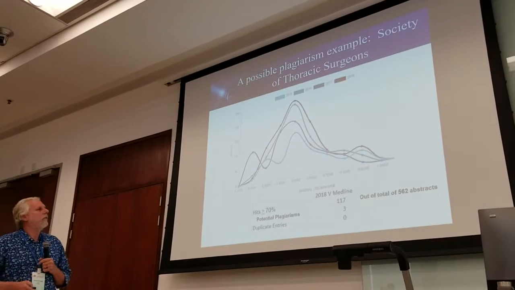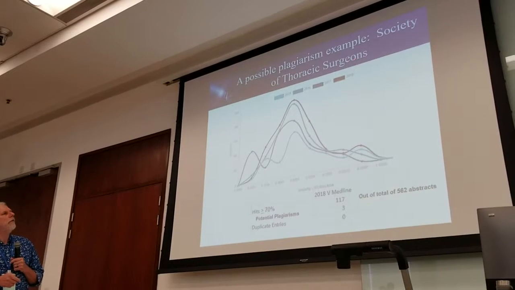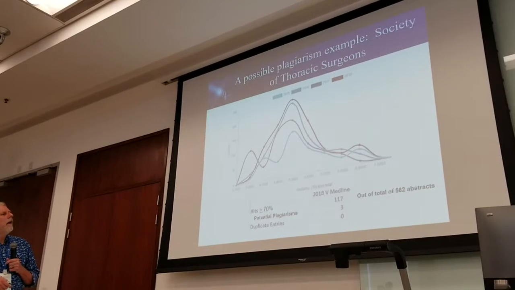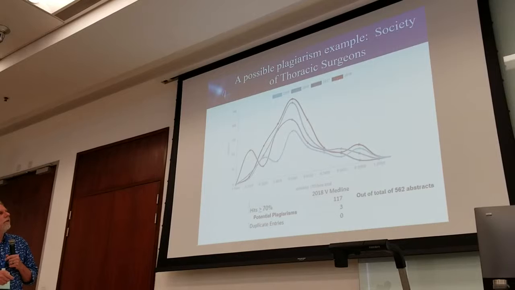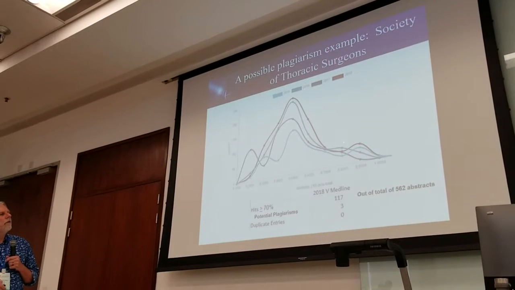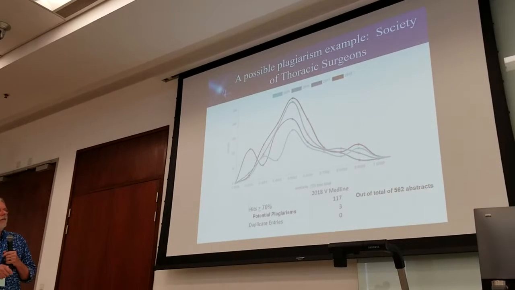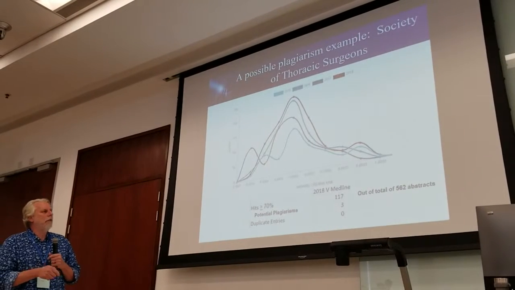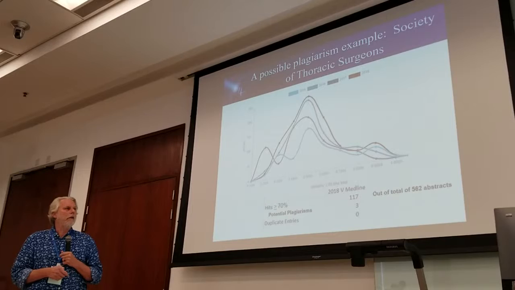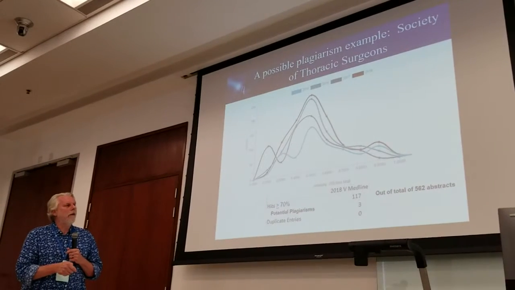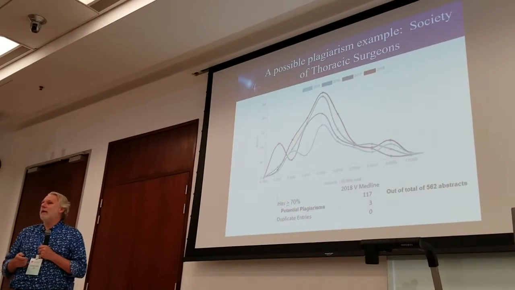So I'm going to show you some examples here. Here's something from the Society of Thoracic Surgeons. In general, if you look at, say, 2018 against itself, you generally see that there is a lot of similarity, which in here is just because we all use similar English words. But you see this bump out here in the tail, which is very interesting.